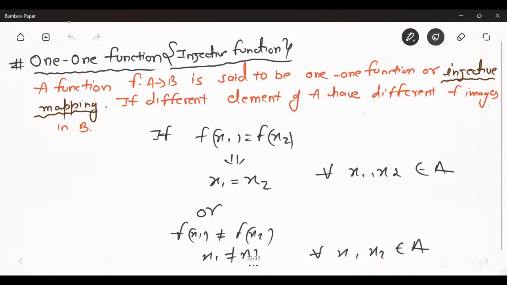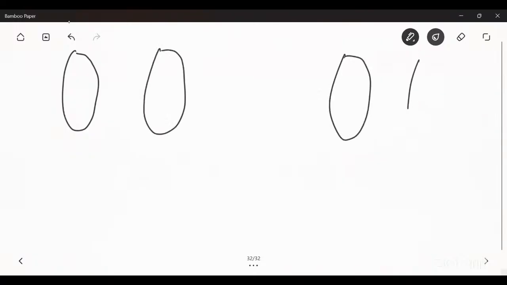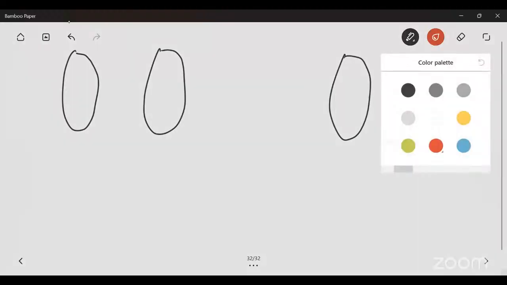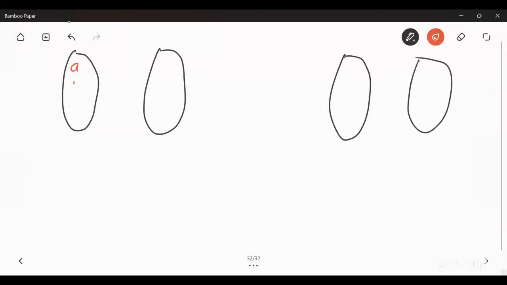Now suppose I am taking an example. Two examples. In the first, the elements are A, B, C, D, 1, 2, 3, 4.